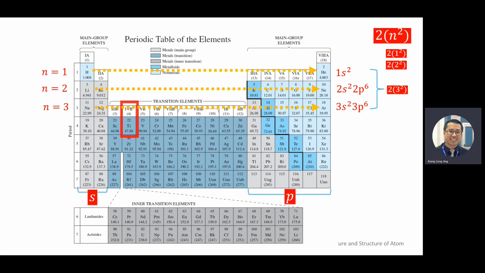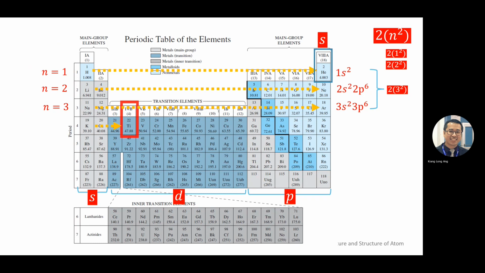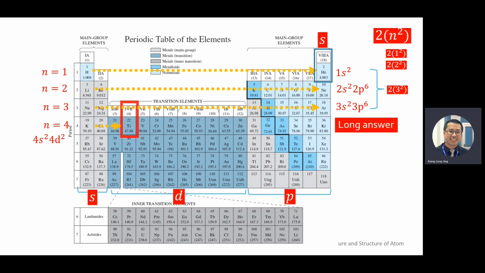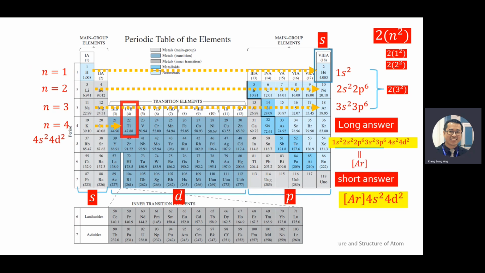Either the one that I copied from the textbook is wrong, or you need to be careful when you come to transition elements, that you have element D there, energy D there. Okay. This one I'll double check, but the correct answer is what we discussed. It should be 3D square, not 4.